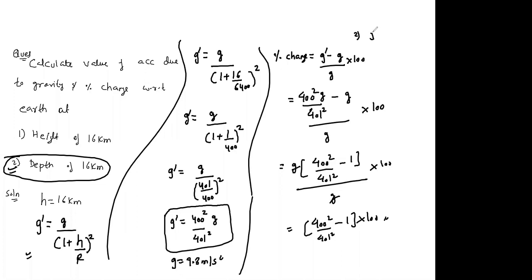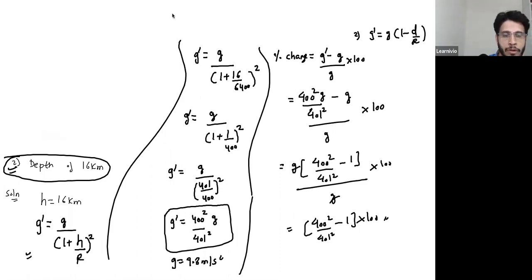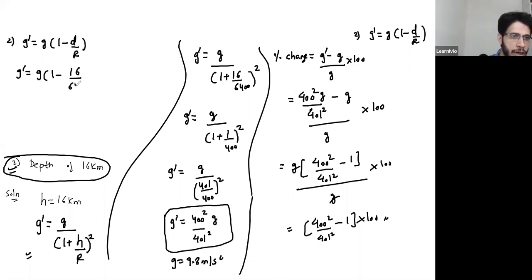See, in depth, if you want to calculate for part 2, the formula is simple. It's G prime is G into 1 minus D by R. Just put the value of D as 16 and R you know it's 6400 kilometer. So if I substitute all these values here, in depth your G prime is G into 1 minus D by R. So it's G into 1 minus, your D is 16, your R is 6400.